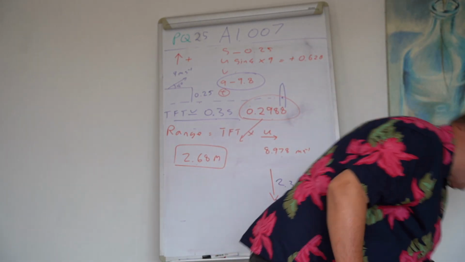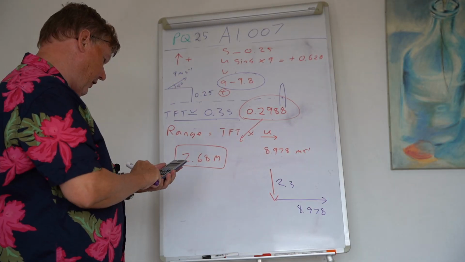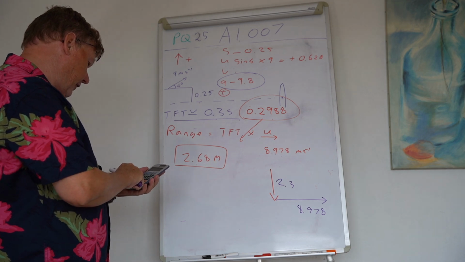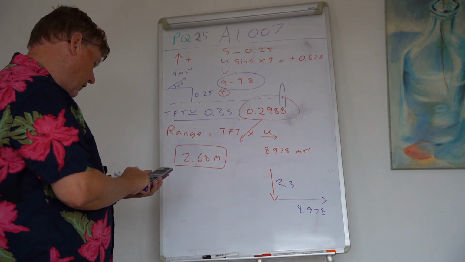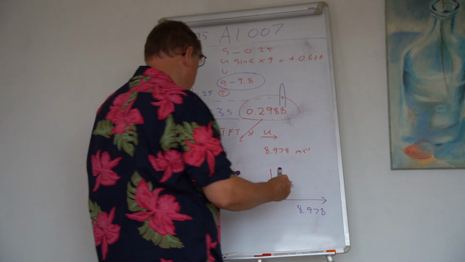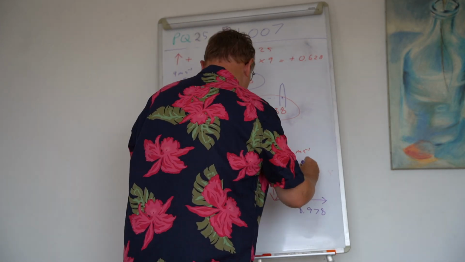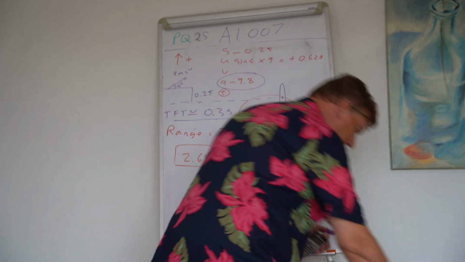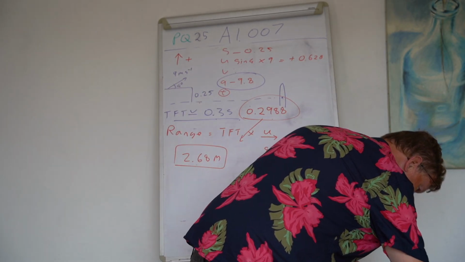Here we go. 2.3 squared plus 8.978 squared. Square root the answer. 9.267. 9.27 in that direction. And it also needs speed of the dart, doesn't want the angle.